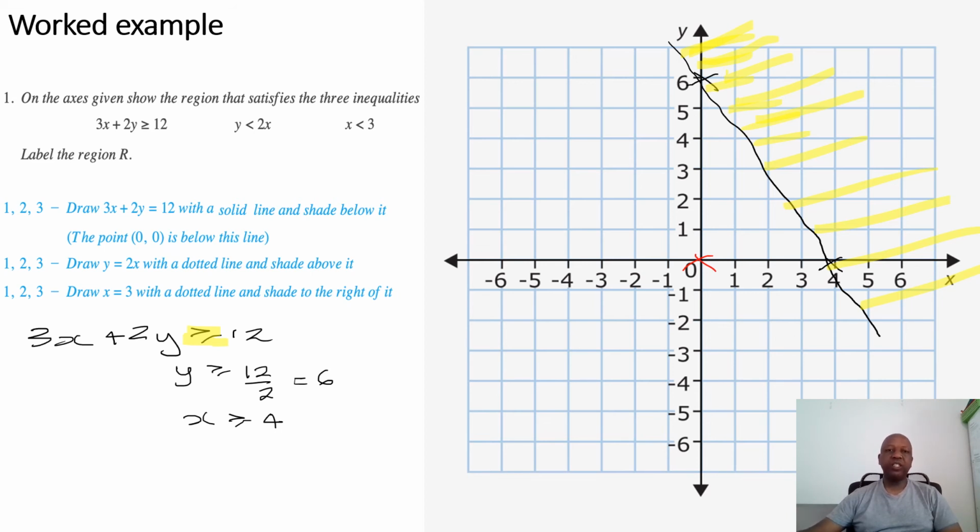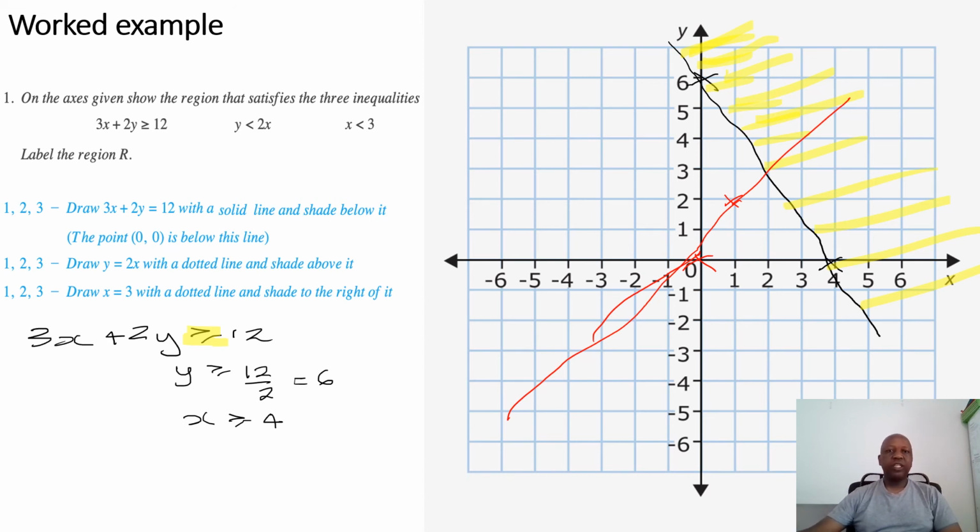And my change in y over change in x is 2 over 1. 1, 2, and 1 to the right. And then all I do is just to sketch that graph passing through the point 0 and going up that way. Extend it as far as you possibly can.